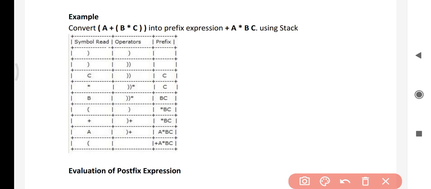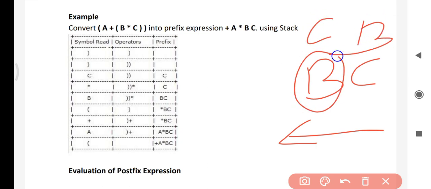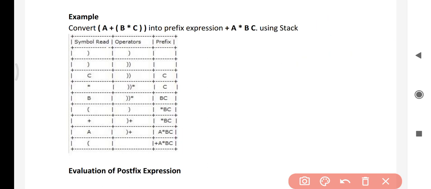We find an operator, there is no operator in the stack, so we keep it in the stack. B is an operand, go to the prefix. While writing in the prefix, you have to write from right to left. That means you should not write CB. Instead, the new operand should be added to the left side, because this is a prefix expression. So BC.